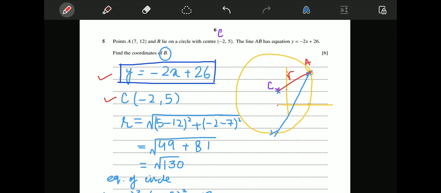Okay, so by using the distance formula, A point has coordinates 7, 12, and C has -2, 5. So use them: (5 minus 12) whole square plus (-2 minus 7) whole square. Solving this all will give you the radius. Okay, now from this radius and center of the circle, we'll write the equation of the circle.